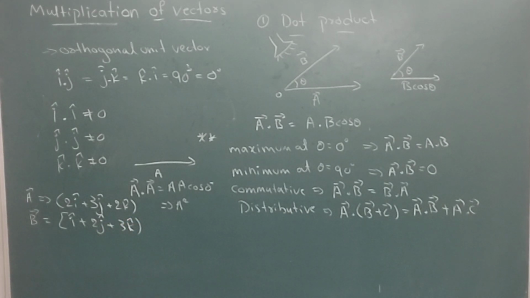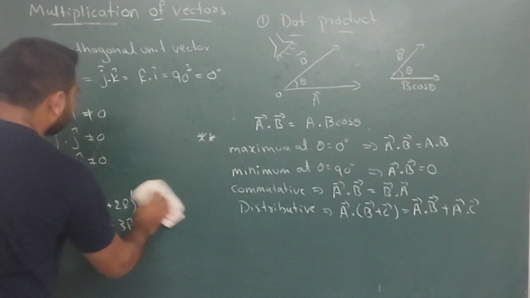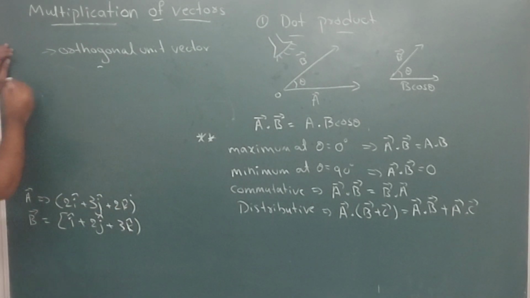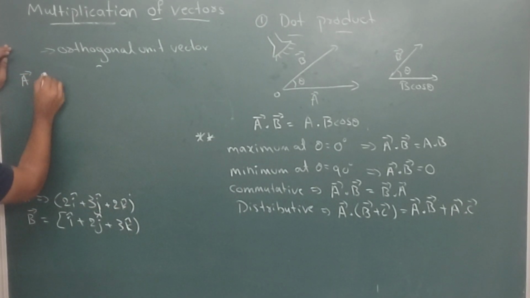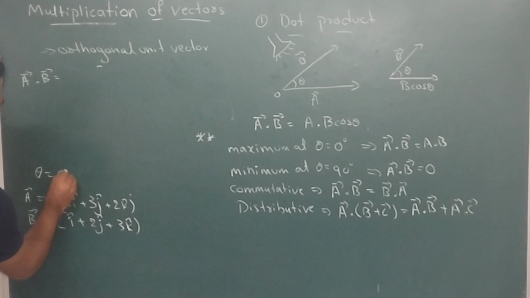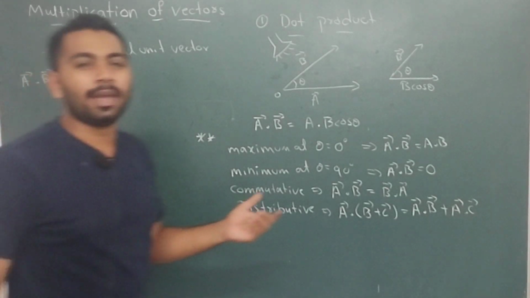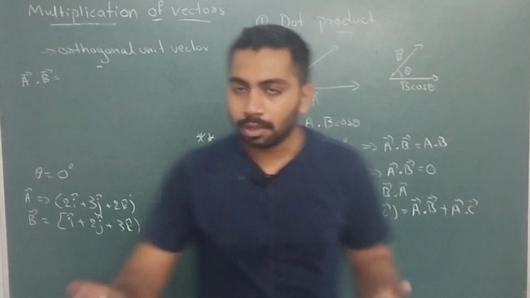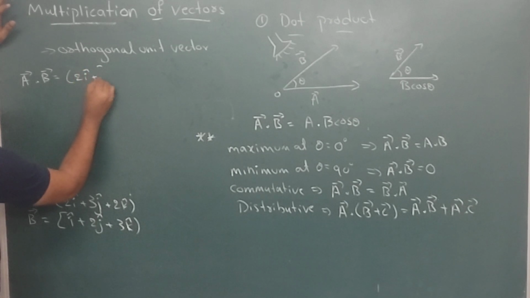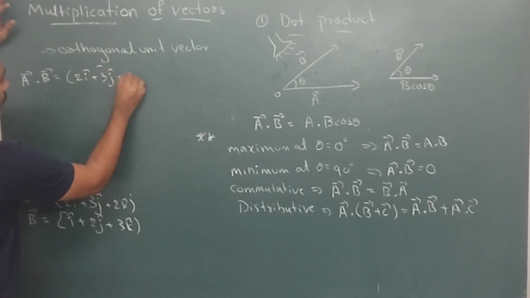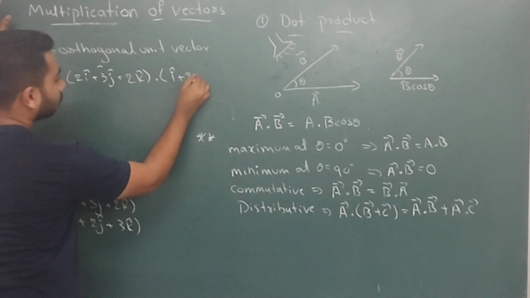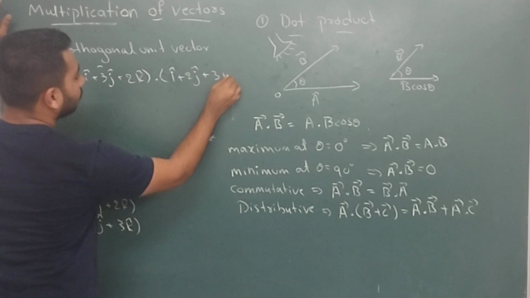Now, how do we do the dot product of these two? Just imagine theta is 0, because then I can easily tell you how it works. Write it here: (2i plus 3j plus 2k) dot (i plus 2j plus 3k).